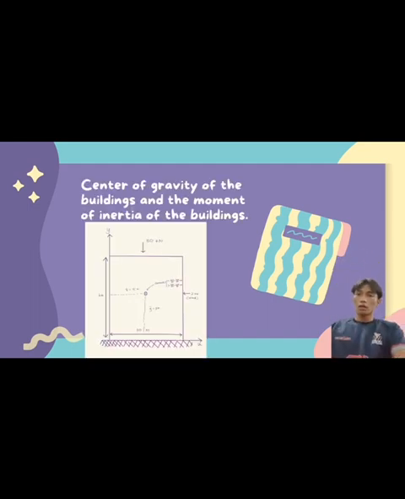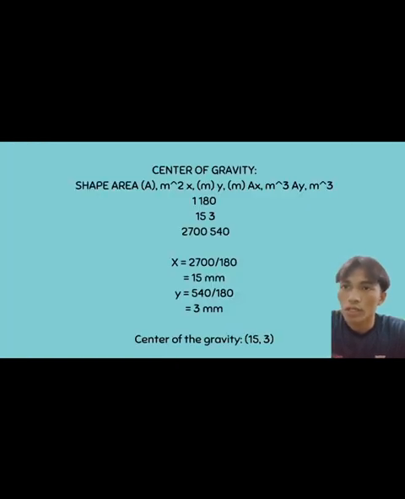For the center of gravity and the moment of inertia of the building, as you can see, there is a centroid. So this is the calculation of center of gravity. As you can see, x is equal to 15 m, and y is 3 meter.